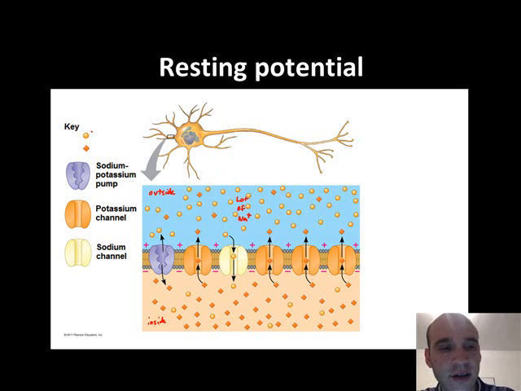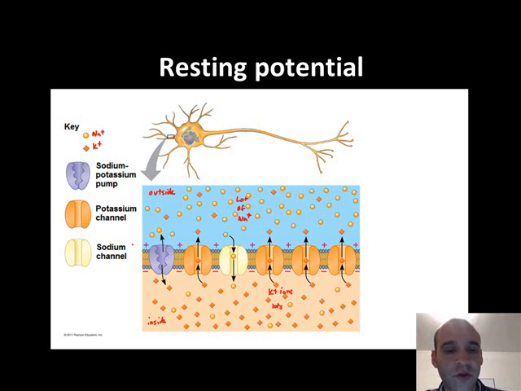The circles are sodium ions, and the squares are potassium ions. So there's more sodium outside the cell and more potassium inside the cell.